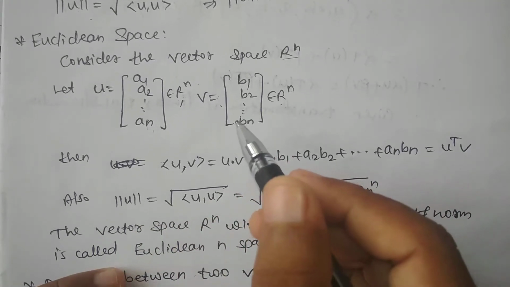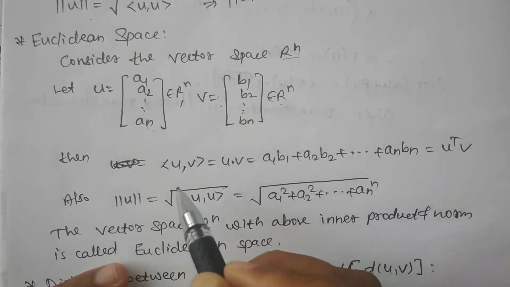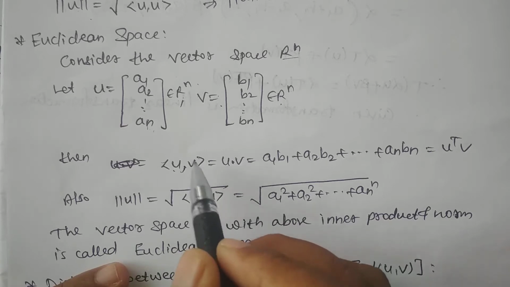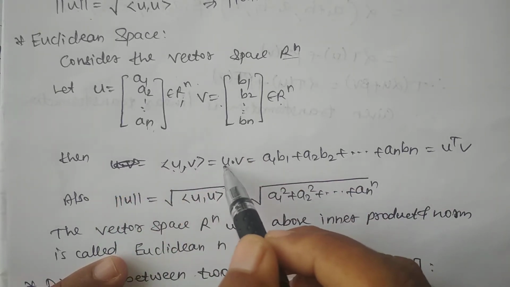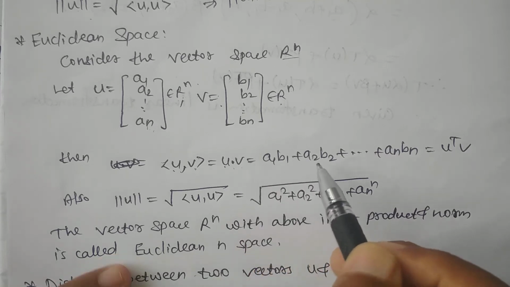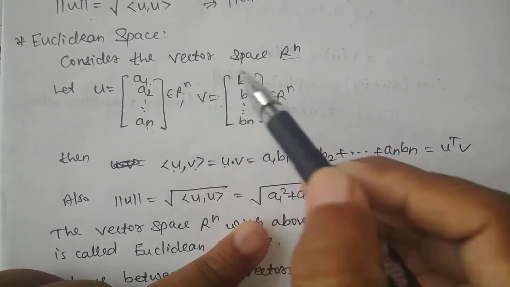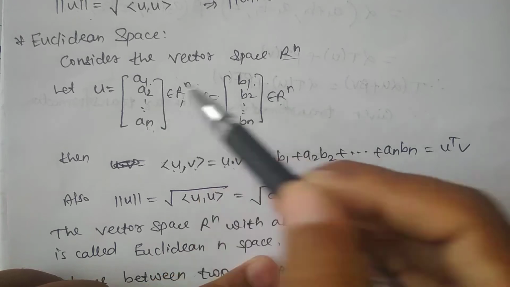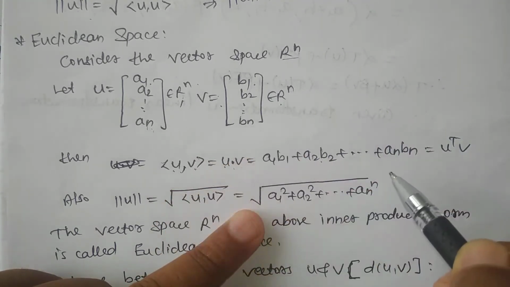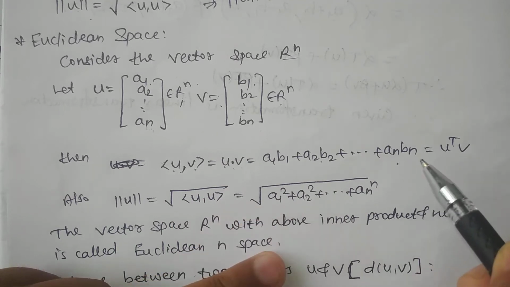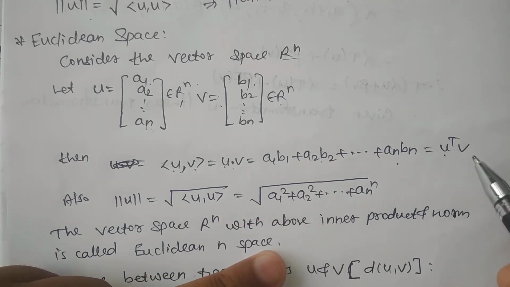Then the inner product in Euclidean space, the inner product of (u, v), can be written as u dot v, and can be calculated as a1 b1 + a2 b2 + ... + an bn. That can also be calculated using the formula u transpose times v.